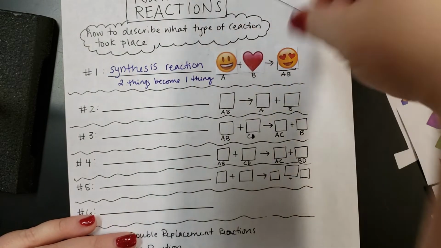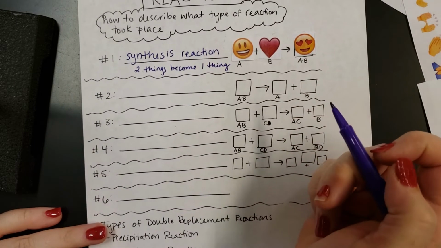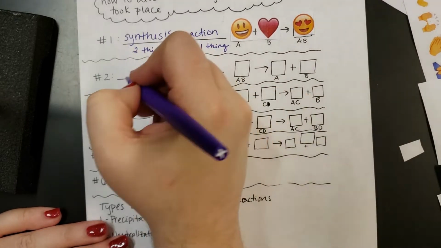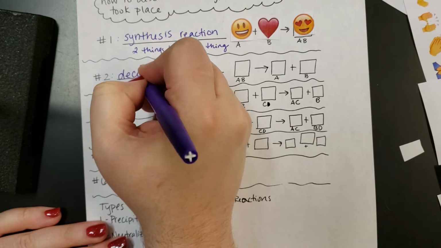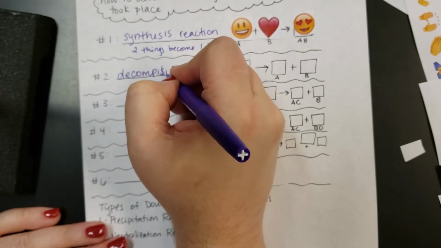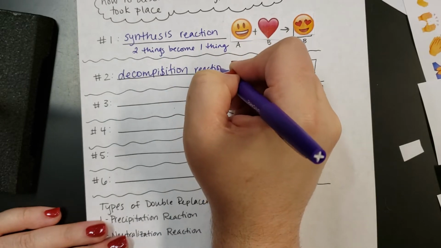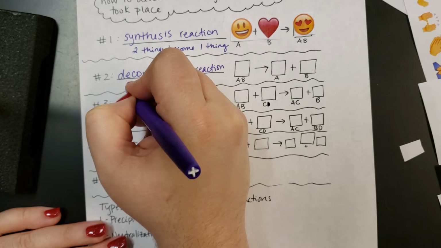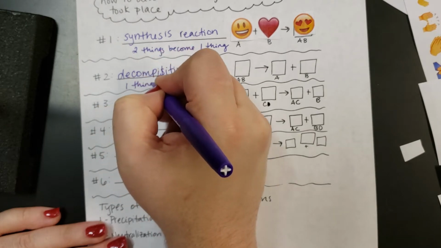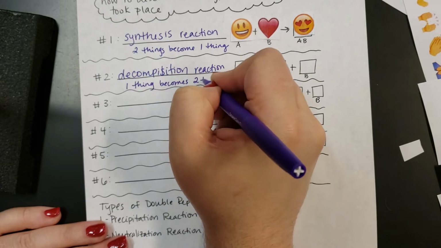Okay. So then number 2, the second kind of reaction that we have here is also a very common kind of reaction. It's a decomposition reaction, where you have one thing becomes 2 things.